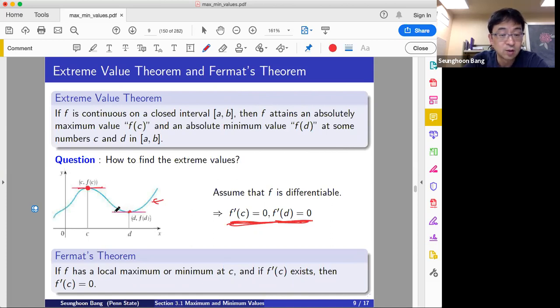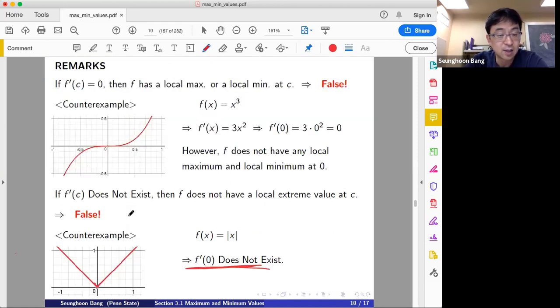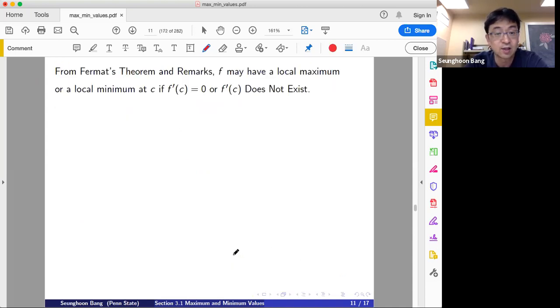This one, yes, local maximum, local minimum. The second case is the last example: f prime of 0 does not exist, but the local maximum is right. We have two possibilities like this.